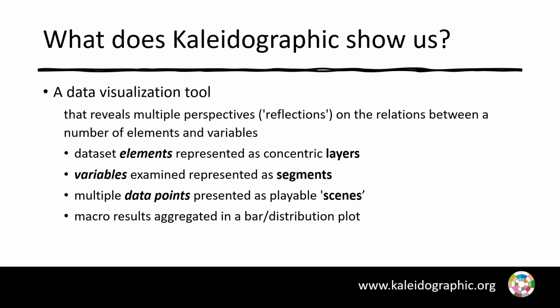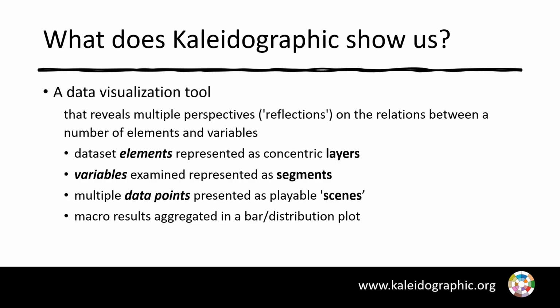So Kaleidographic, or the data visualization, is showing us multiple perspectives on the relationship between a number of elements and variables. So the important thing here now is to try and understand what we mean by elements and variables and how these can be translated into the kind of data that you want to visualize using this particular tool.